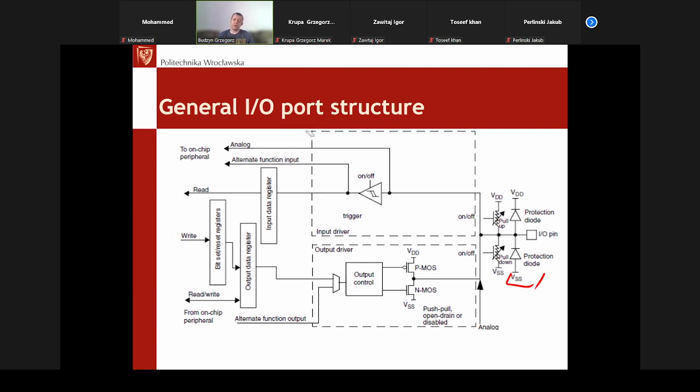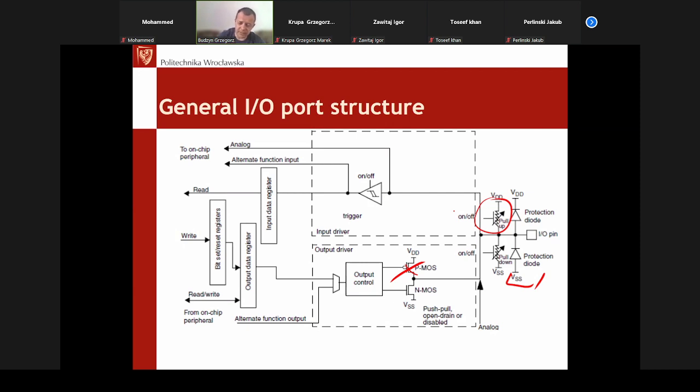Then we have two parts: input and output. In case of output, it can be push-pull, or open collector. In the open collector version, this transistor is switched off. We have just an NMOS in the path, and we need to add a pull-up, either internal or external, for operation. For example, I2C SDA and SCL pins require this kind of configuration.